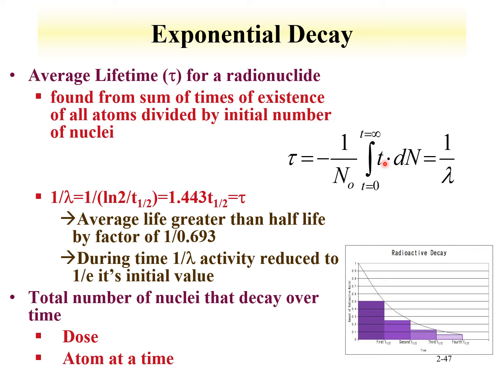It turns out to be 1 over the decay constant, which is 1 over log 2 divided by the half-life. It turns out that the average isotope has a lifetime on the order of 1.4 times the half-life. So the average lifetime is greater than the half-life by this factor. And during that time of initial activity, it's reduced to 1 over e of its initial activity.